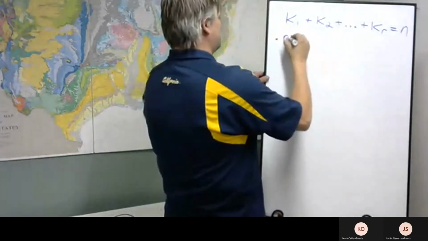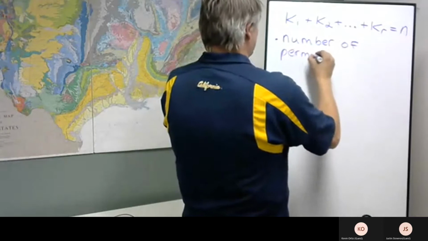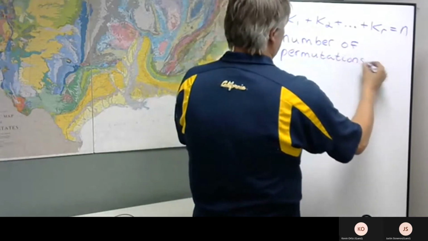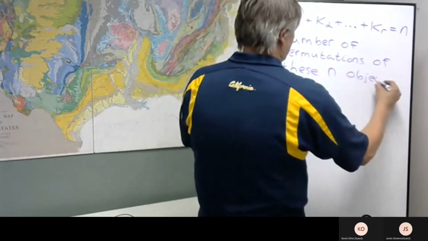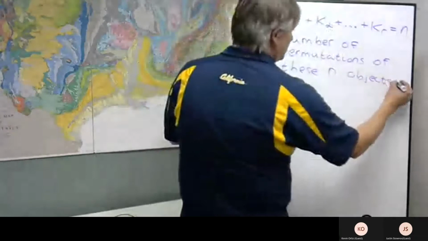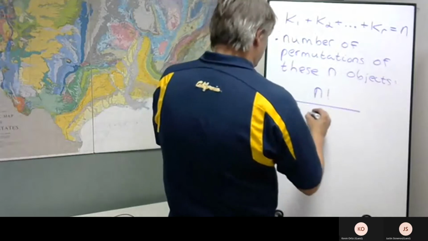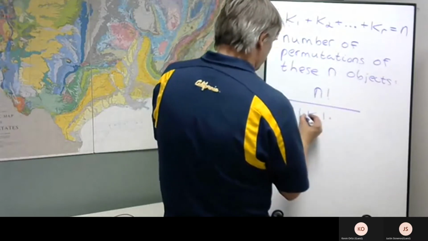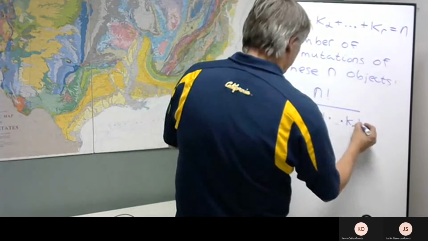If we want to find the number of permutations of these n objects, it's going to be n factorial divided by K1 factorial, K2 factorial, through KR factorial.